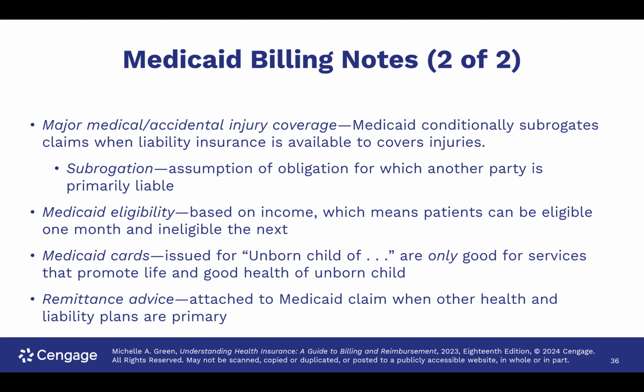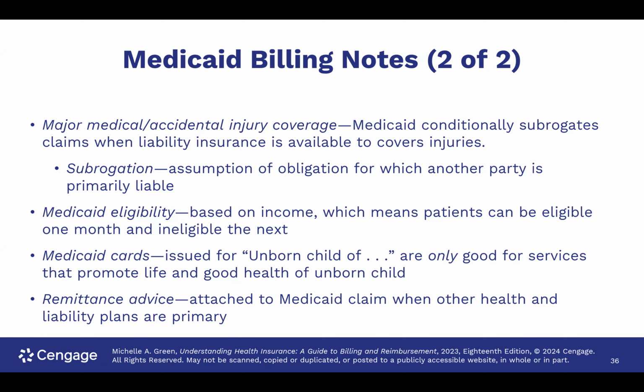More on Medicaid billing. There is typically major medical or what they call accidental injury coverage. In other words, when there's liability insurance in addition to Medicaid, that will also come into play. The Medicaid eligibility is based on the income.